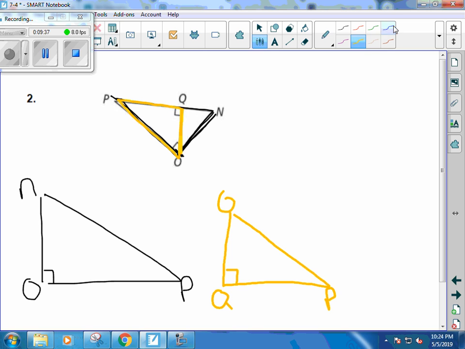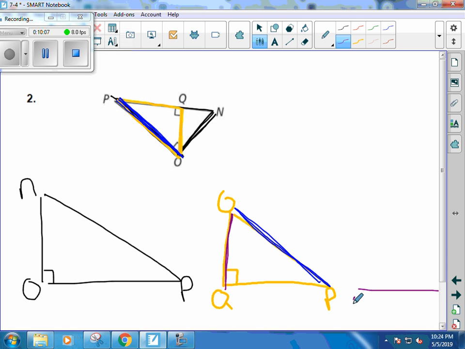And remember what I said in the last example, that the leg here, P to O, is going to be the hypotenuse, which works out really nice. Then we also said that the short leg of the middle is going to be the longer leg of the smaller triangle.